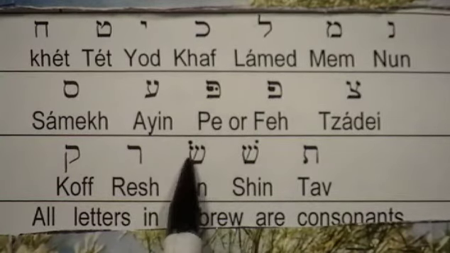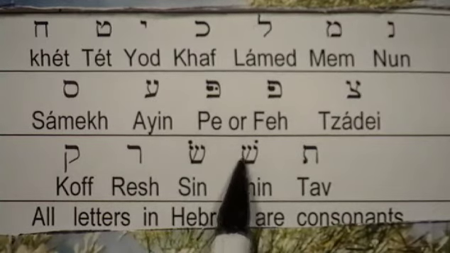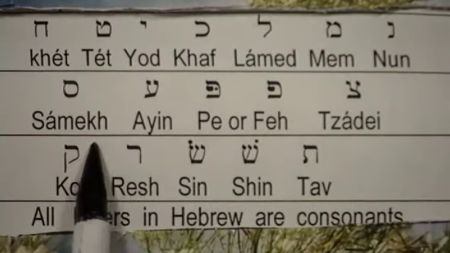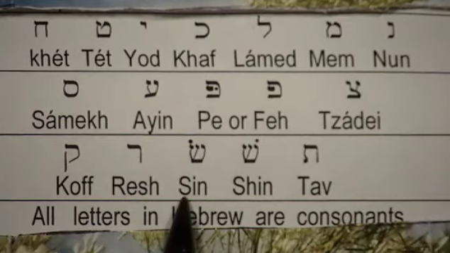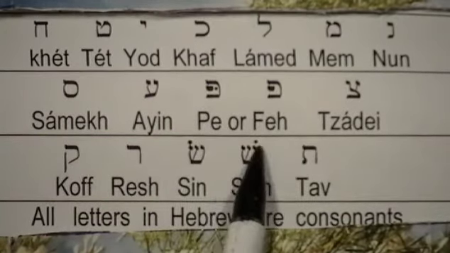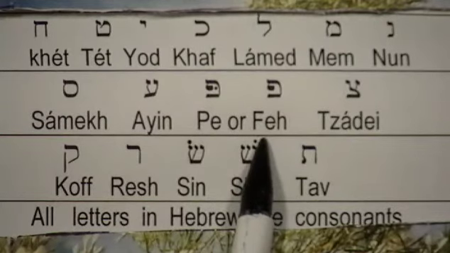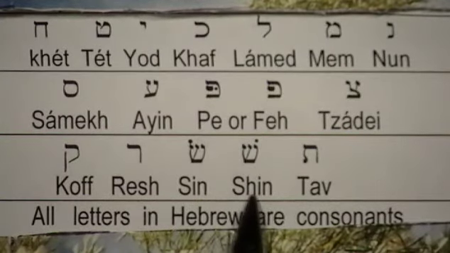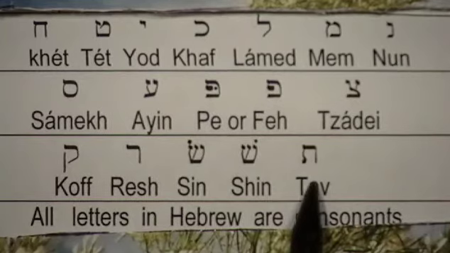Remember this, the symbol of the Hebrew letter with the dot on the left is Sin, as in soul. And the dot on the right is a Shin. The last one is Tav.